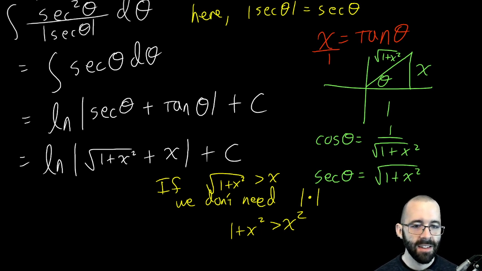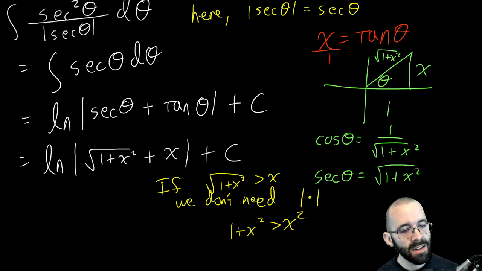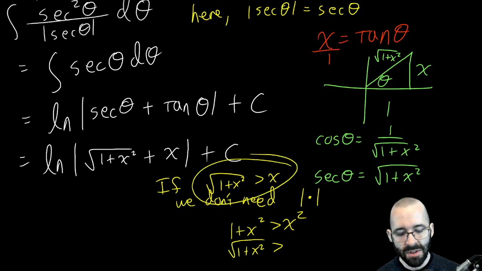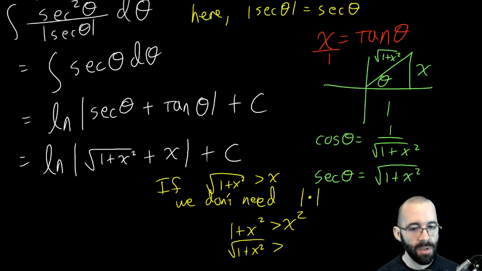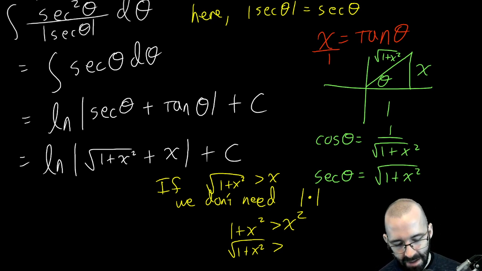Right? If you add 1 to something, it's bigger. Always. Doesn't matter what x is. Now, if I take the square root of something that's bigger, the result is still going to be bigger. Notice that this is not the same as just squaring this. You have to start with something you know to be true and get to something you want to prove. You can't go the other way.